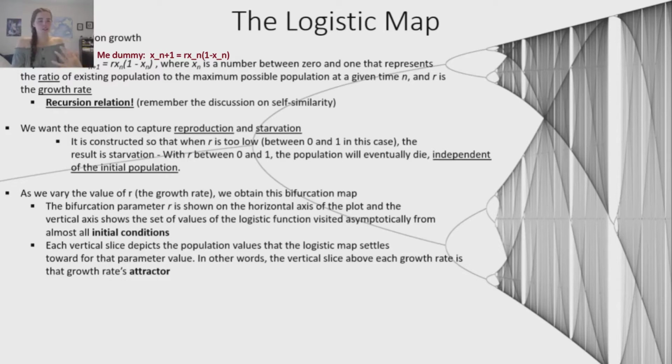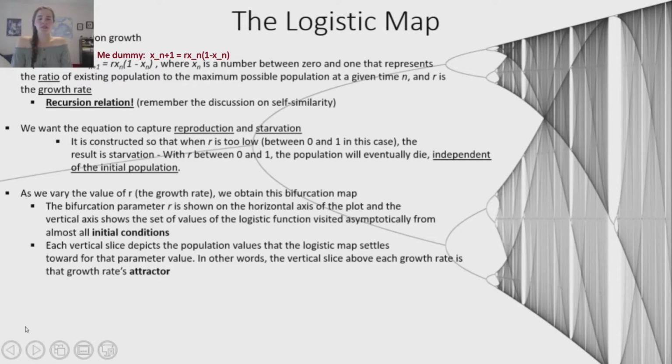It's kind of a detail that's irrelevant once we understand why I'm bringing this up as an example, but for me, it was important to understand how the logistic map works in order to understand its relation to fractals and chaos. The bifurcation parameter r is shown on the horizontal axis, and the vertical axis shows the set of values of the logistic function visited asymptotically from almost all initial conditions.